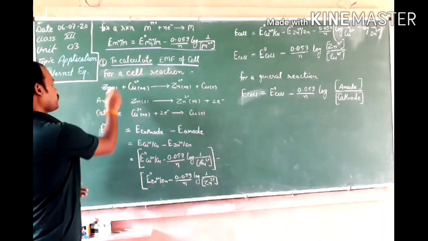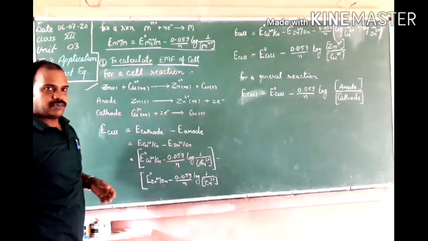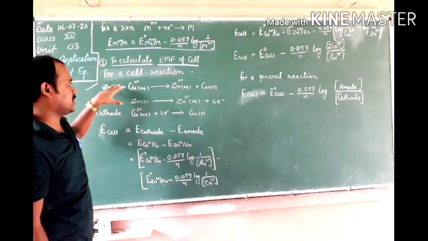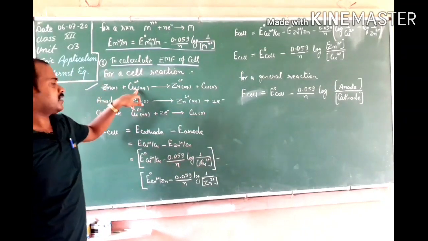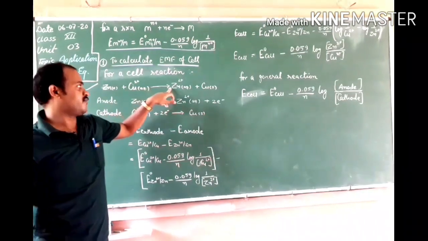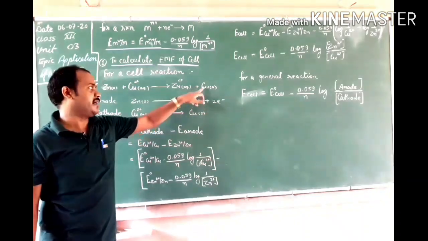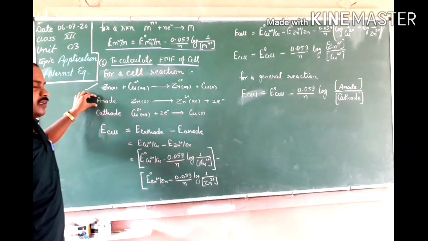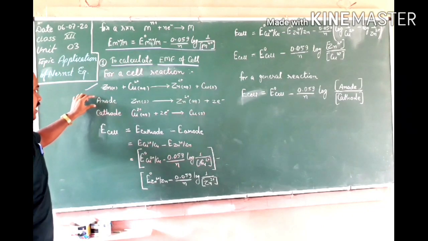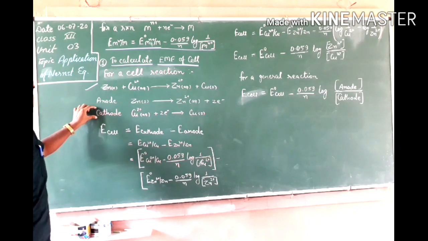See how. First, take the reaction of a Daniell cell, because it is easy to understand. Zn plus Cu2+ form Zn2+ and Cu. For this reaction, you know which reaction will take place at anode and which at cathode.